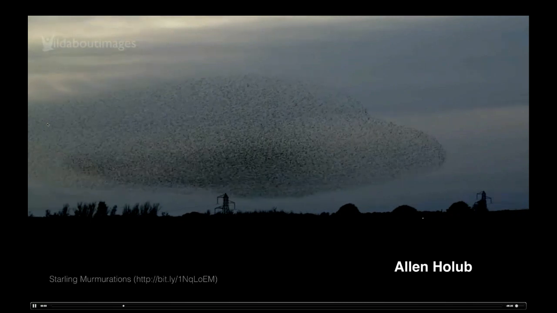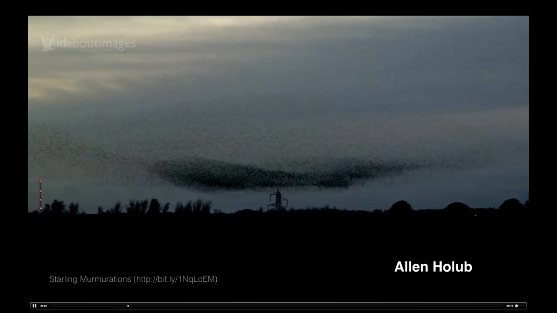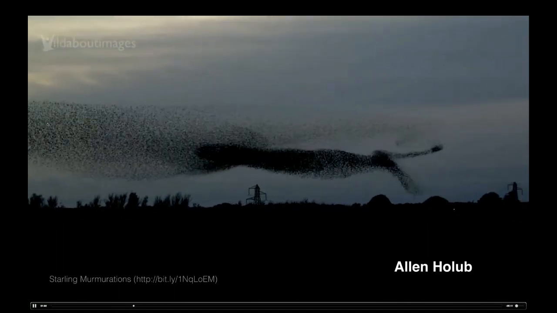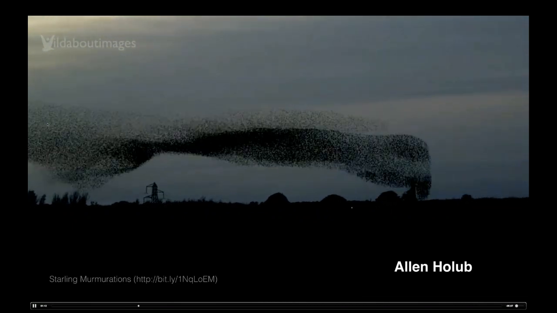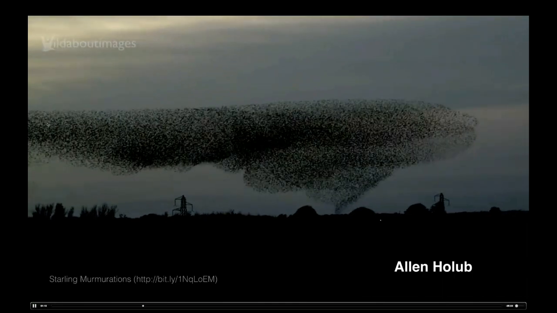Now, what we're looking at right now is a murmuration of starlings. The reason I like to start with this picture is that it's not a bad picture of what a huge system of microservices would look like. Microservices are the individual birds in this cloud.